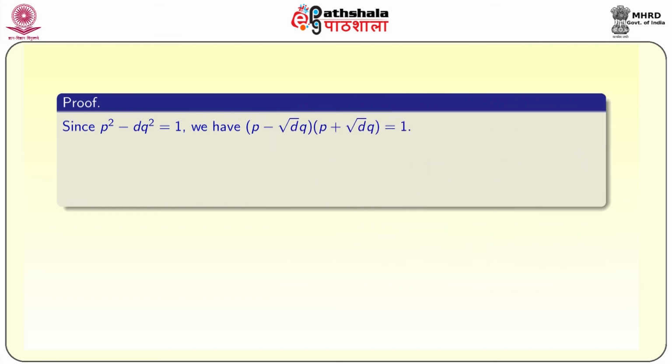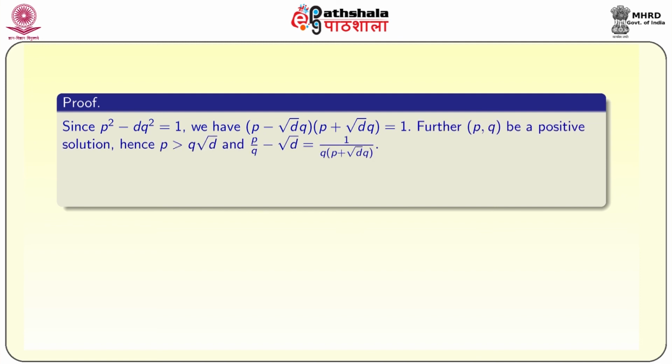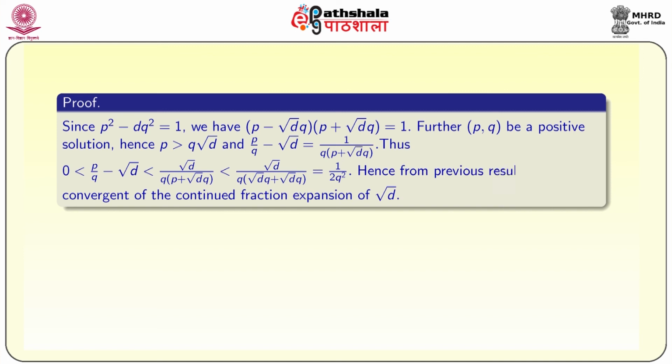The proof goes like this: since p square minus d q square equal to 1, we have p minus root d into q, into p plus root d into q, equal to 1. Further, since p comma q is a positive solution, p is greater than q root d, and p by q minus root d is equal to 1 by q into p plus root d into q.